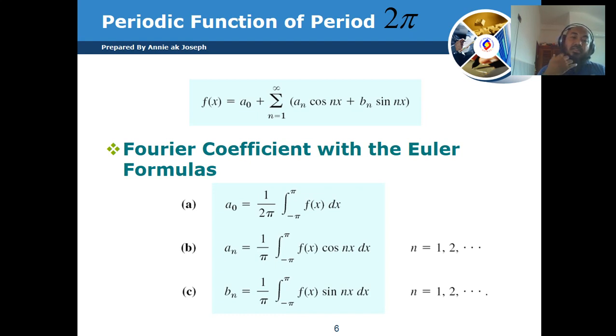So a0 equals 1 divided by 2 pi integration from minus pi to pi f(x) dx, and an equals 1 divided by pi integration from minus pi to pi f(x) cos nx dx, and bn is equal to 1 divided by pi integration from minus pi to pi f(x) sin nx dx.